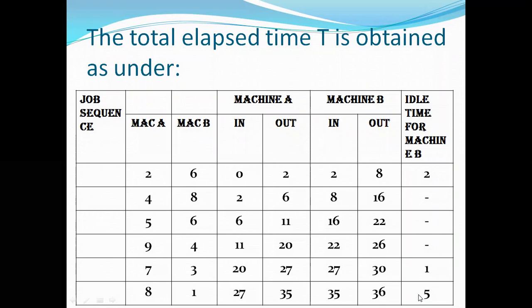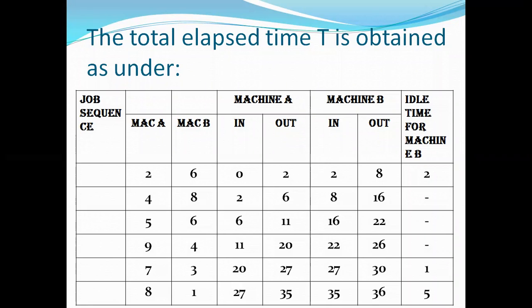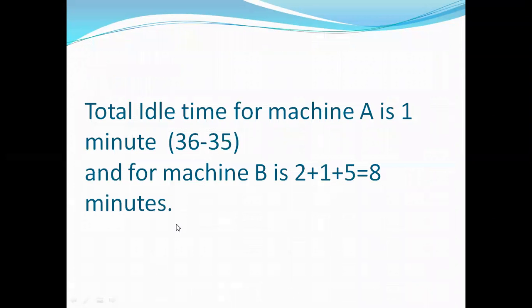And in process 6, we have 5 minutes of delay time. So what is the delay time? The question is clearly asking how much delay time is incurred in the machinery. So this is the delay time: 5 plus 1 plus 2, there is 8 minutes of time. And that we will be counting here.